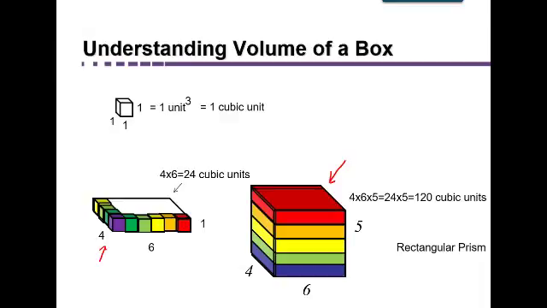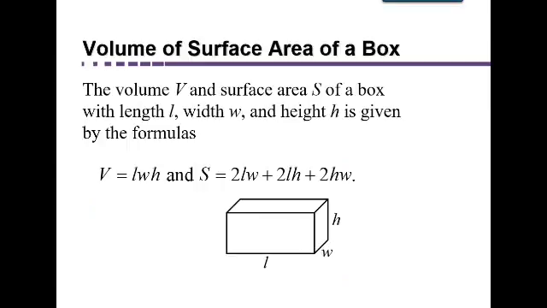So 4 times 6 times 5, or 24 times 5, is 120 little cubes that would fit inside of this rectangular prism. So what we had to do in the previous slide was to multiply the 3 dimensions together to get the number of cubes. So the formula for volume is length times width times height.